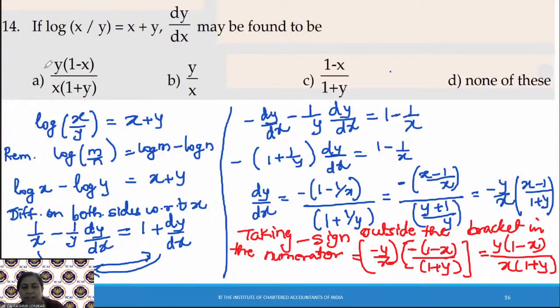Is that understood? How we have to do? This is the small trick that you need to understand. That's why I put it in red, so that it will remain with you what you are supposed to be doing.